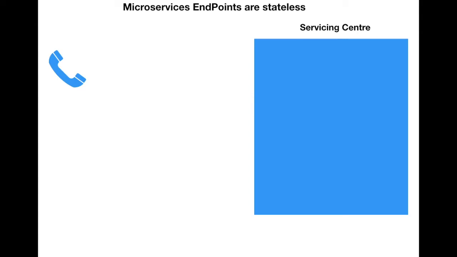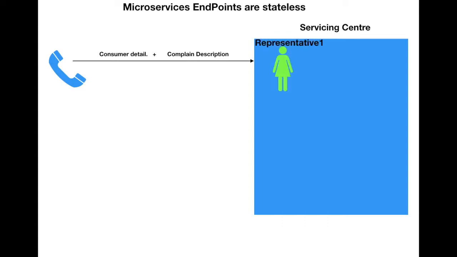The consumer gives a complaint to the servicing center, the complaint description also. When the consumer comes to the servicing center, it gives the consumer detail also, and the representative there takes the request from the consumer with the consumer details and complaint description, then finds out in the database whether that consumer is valid or not.